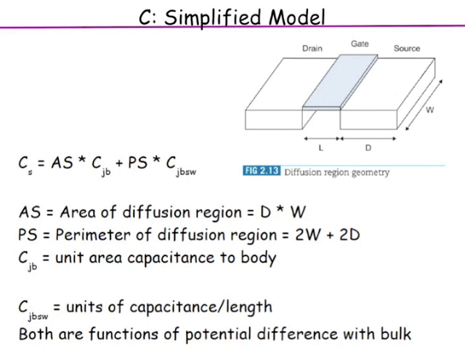So the only thing you can change as a designer is these dimensions. You can change D and you can change W by doing the appropriate drawing. So you can only change one dimension. That is why you just specify it per unit length. Whereas for the bulk capacitance, the whole area you can change, so it's specified per unit area.